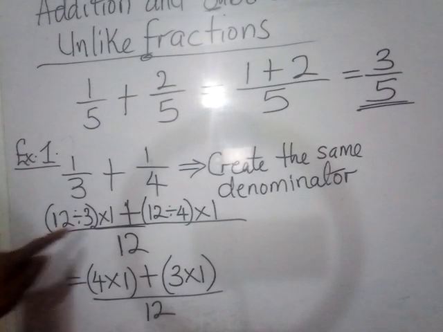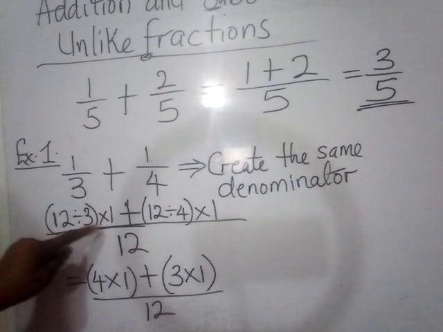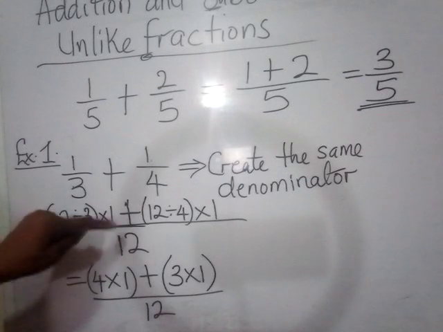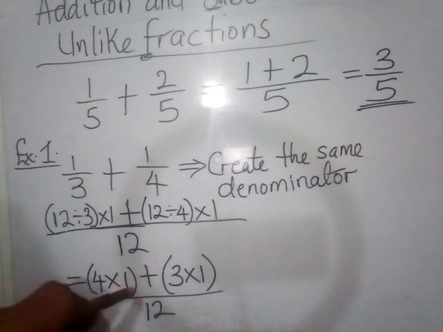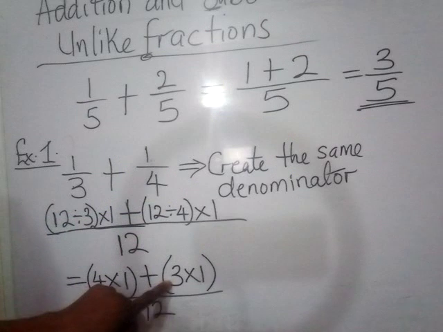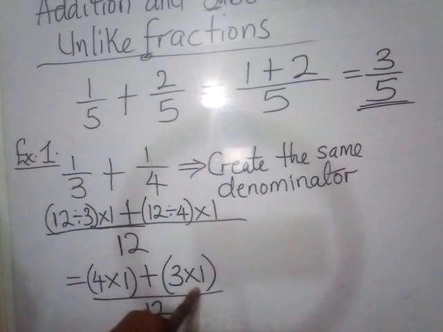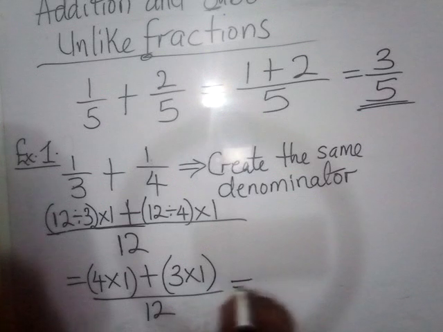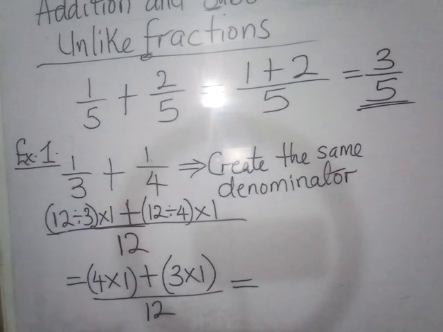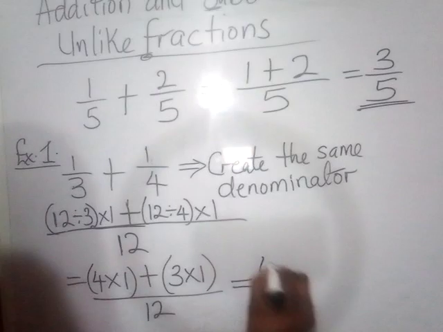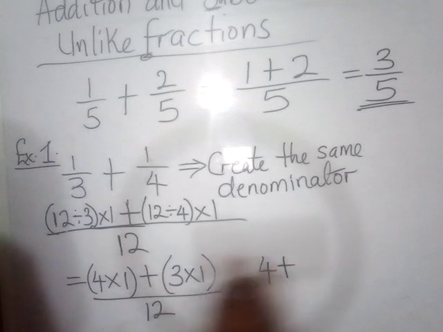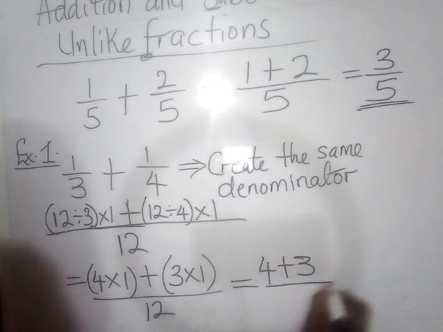So now you have 12 divided by 3 gives us 4 times this one. We write that. Write your plus sign. 12 divided by 4 is 3 times 1. That's what we have written down there. Okay? Now we're ready to open the two brackets. 4 times 1 is 4 plus 3 times 1 is 3 over the new denominator, right?